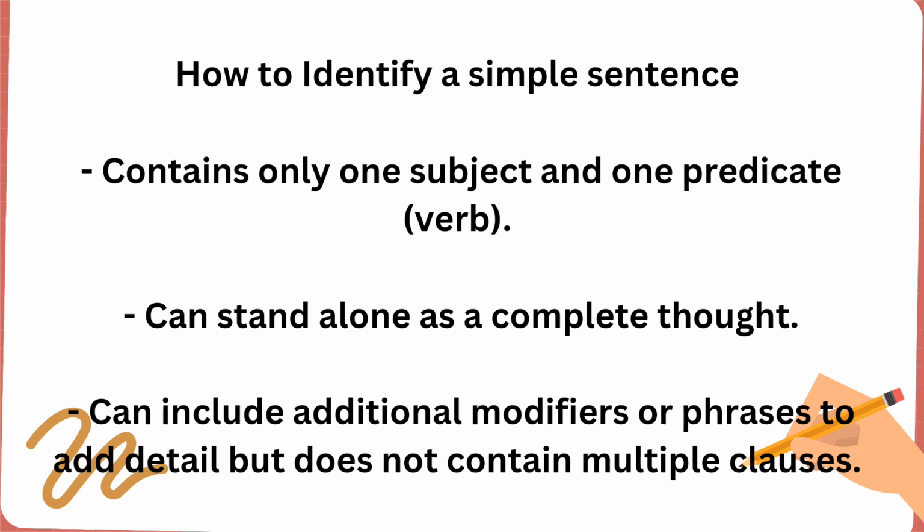Here are valid tips to identify a simple sentence in an instant once you see it. One, a simple sentence contains only one subject and one predicate. And when I say predicate, I mean a verb. Also, a simple sentence can stand alone as a complete thought. Remember, we said that a simple sentence contains only one thought.